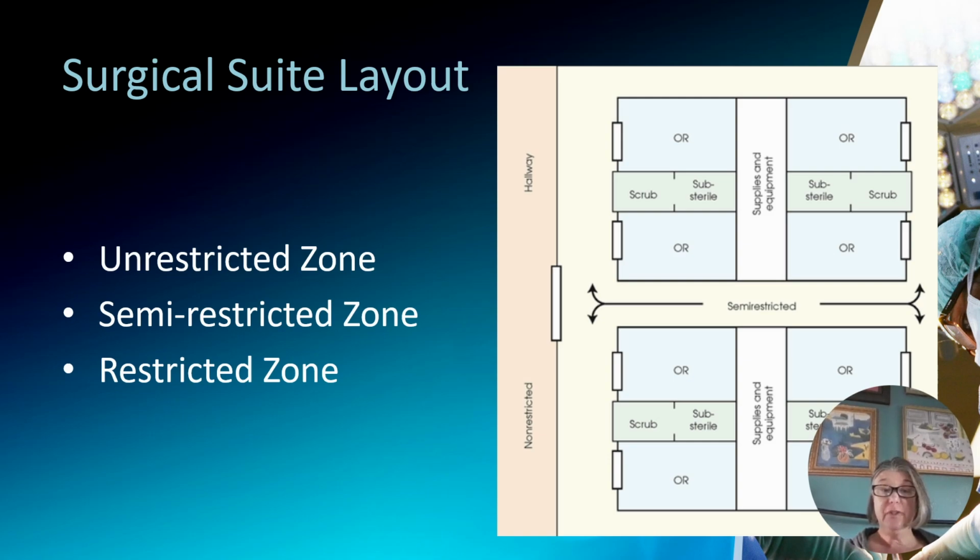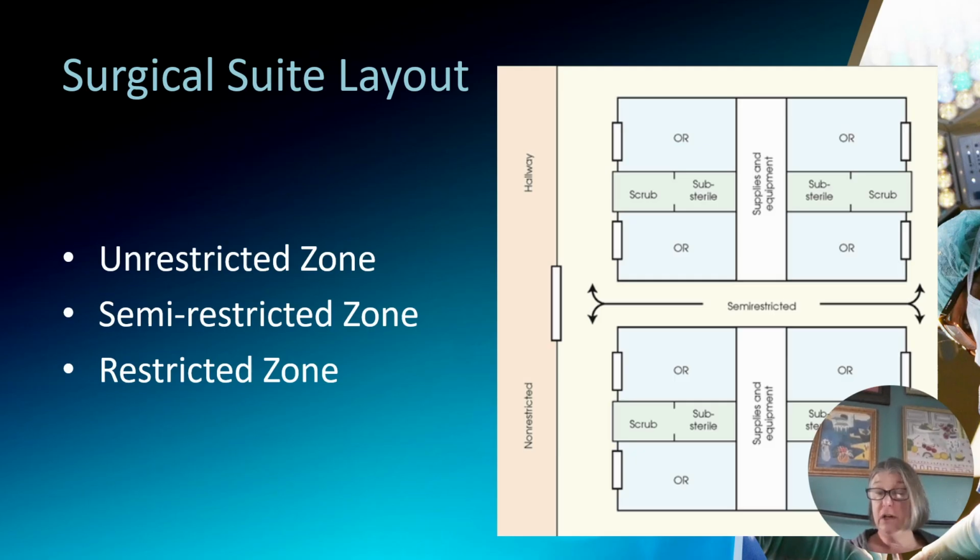In the semi-restricted zone, you are limited to authorized personnel only. This area can include corridors, supply rooms, scrub sinks, and the anesthesia work area. And then our restricted area is actually where the procedure is performed. This is the most controlled space related to asepsis.